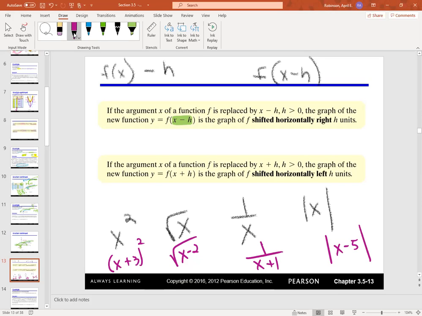Everything I just wrote in the purple color, those are all examples of shifting left and right. This one would shift left 3 units. This one would shift right 3 units. This one, since it's a plus 1, will go left 1 unit. This one right here will go right 5 units.